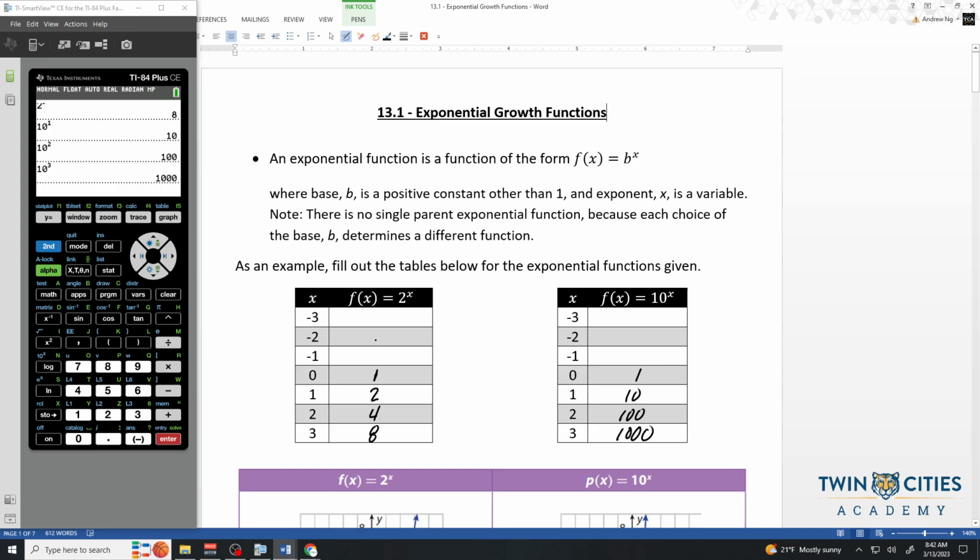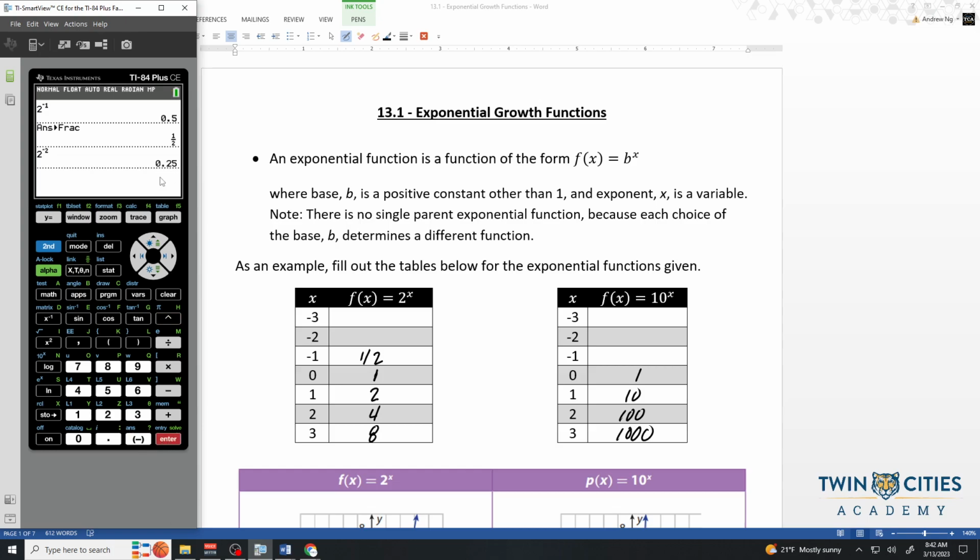All right, what about the other direction in the negatives? 2 to the negative 1 is 0.5. Now, if I turn this into a fraction, that's 1/2. What about 2 to the negative 2?